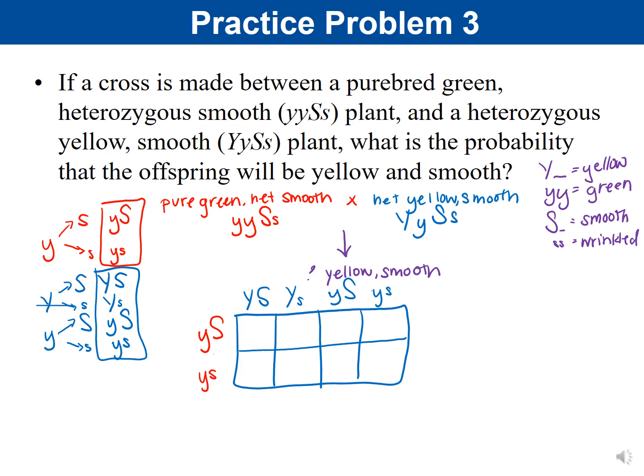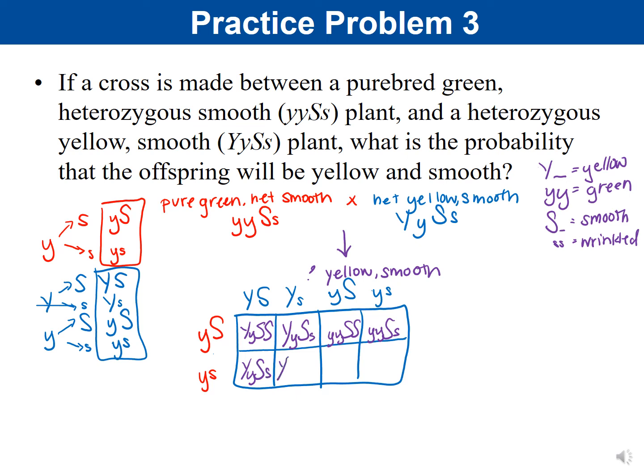I'm going to put this in purple. So big Y, little y, right? This one gives big, that one gives little. Big S, big S. Big Y, little y, big S, big S. Little y, little y, big S, little s.